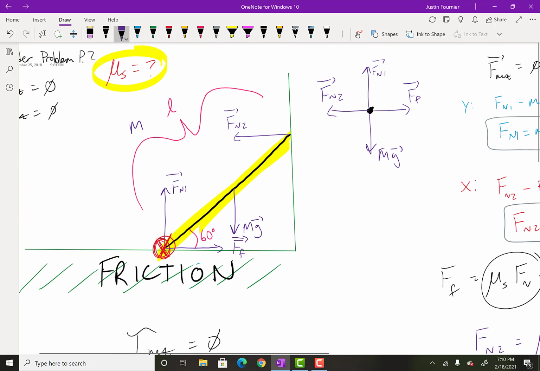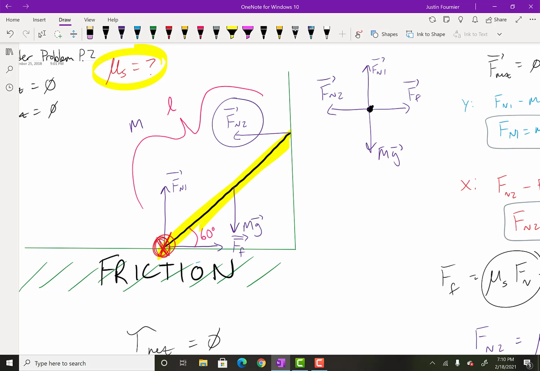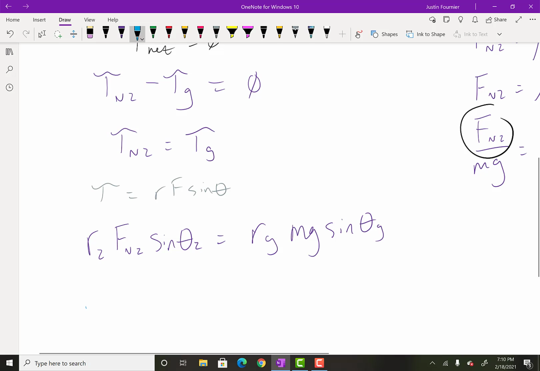Okay, so in order to get Fn2, the r vector points like this, right? So here's the r vector for 2. Here's r2, and r2 is essentially the length L. So that's going to be L, and then Fn2, that's what I'm looking for.